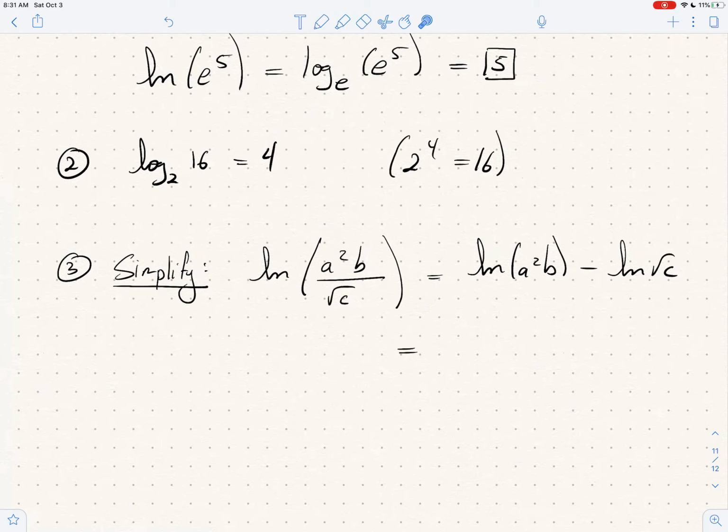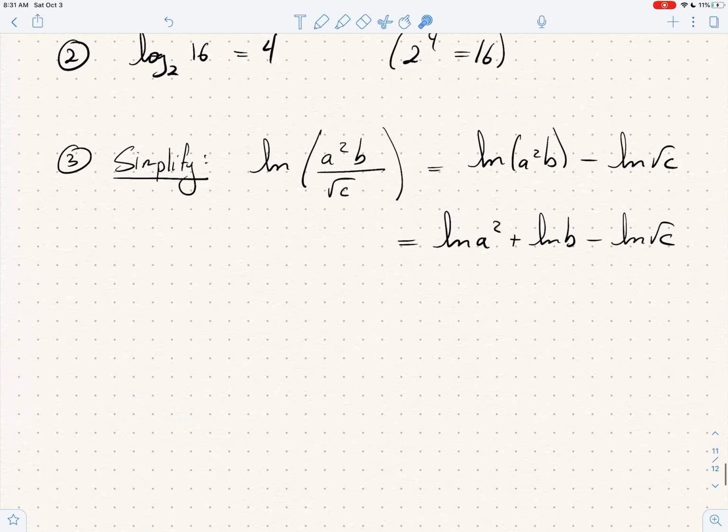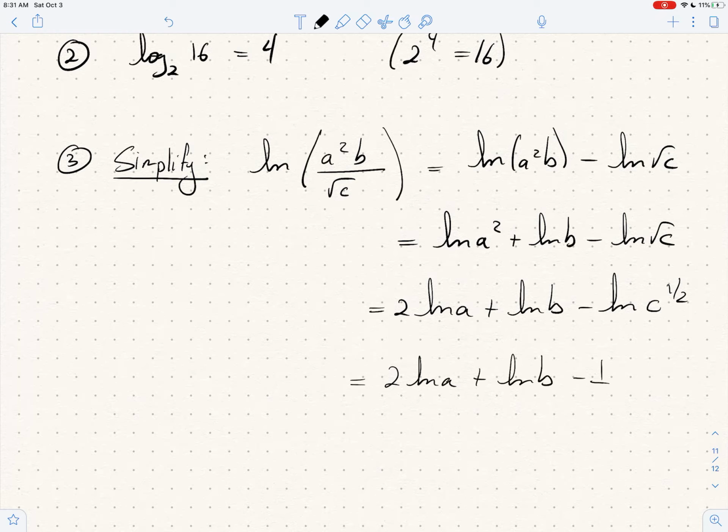Then I have a product, so this is the natural log of a squared plus the natural log of b minus the natural log of square root of c. Now a squared, I can pull that 2 outside, and so I get 2 natural log of a plus natural log of b, and then I can view the square root of c as c to the 1/2, which I can pull out. So I can write this as 2 ln of a plus ln of b minus 1/2 ln of c.